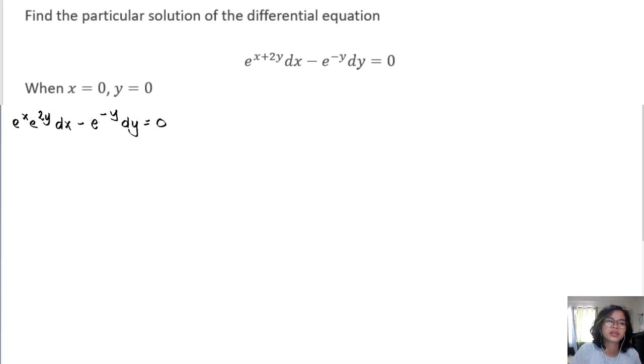And to put this beside dy, we'll just divide both sides by e to the 2y. We divide everything by e to the 2y.